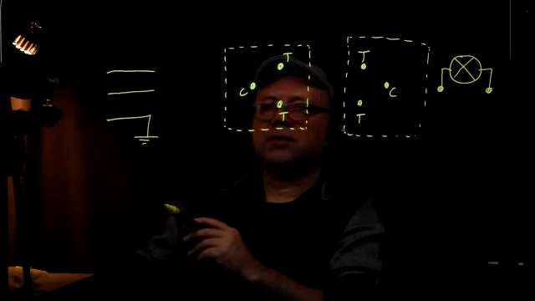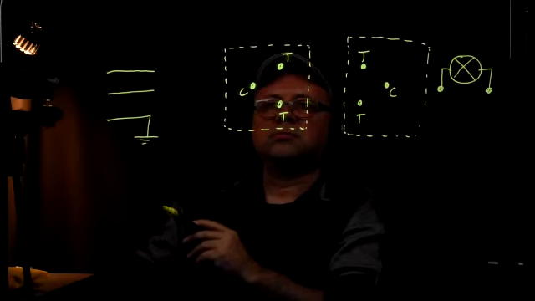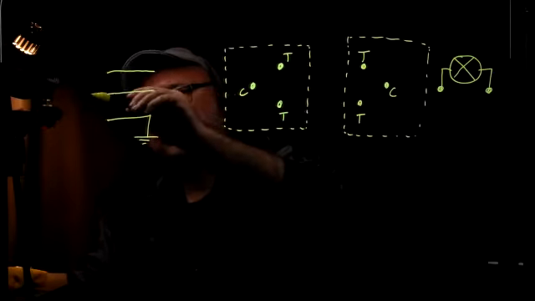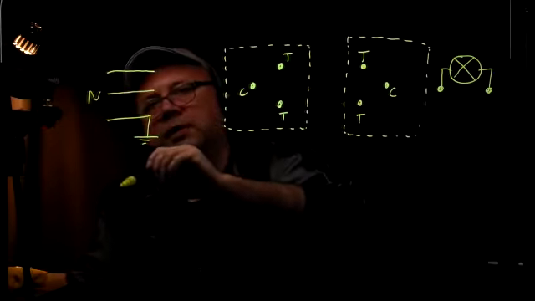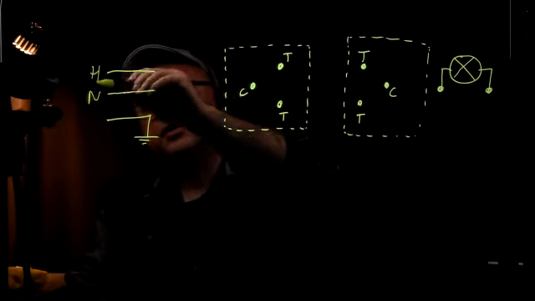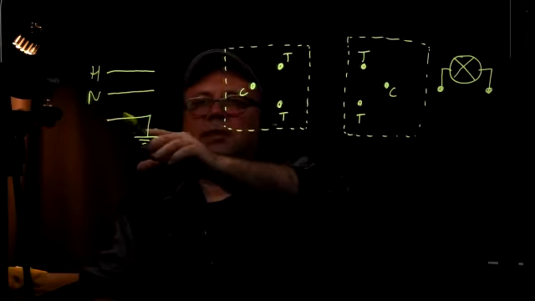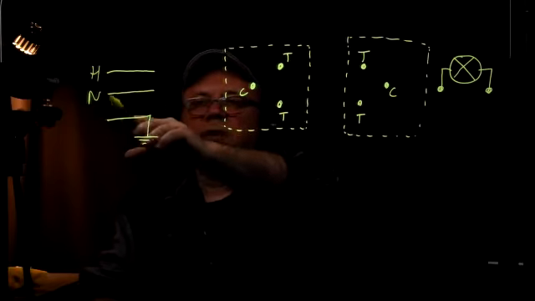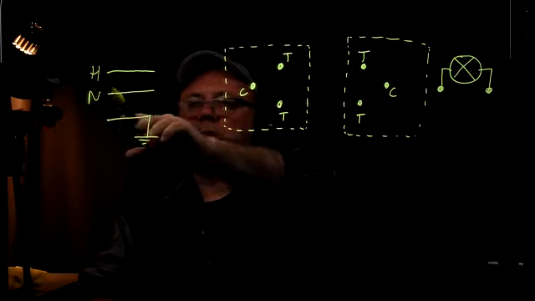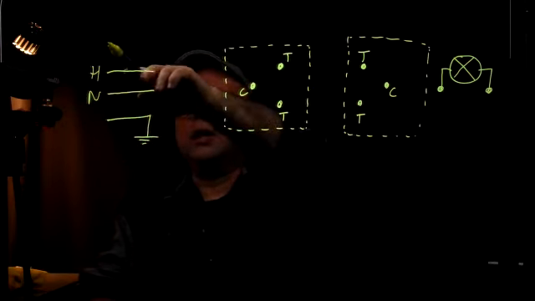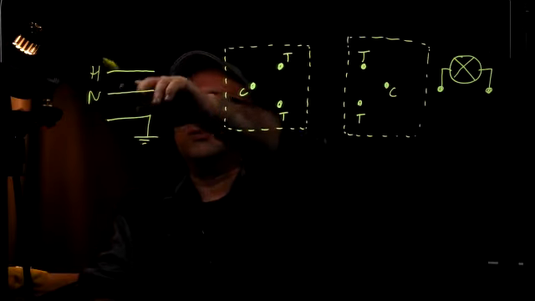Which one is hot? Which one is common? Well, or the neutral. Let's say this is a neutral, which would be white. This is the hot. If this is just 14/2, for example, this would be just 2 wires. If it were 14/3, then we would have 2 hots.